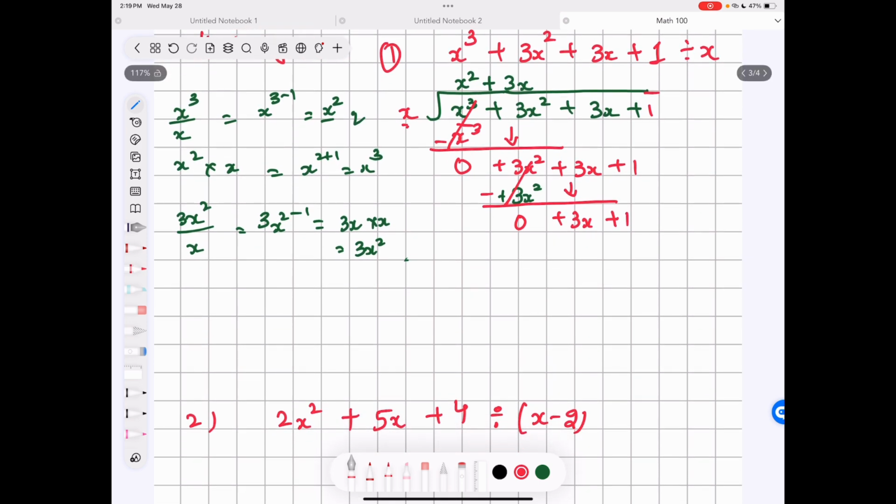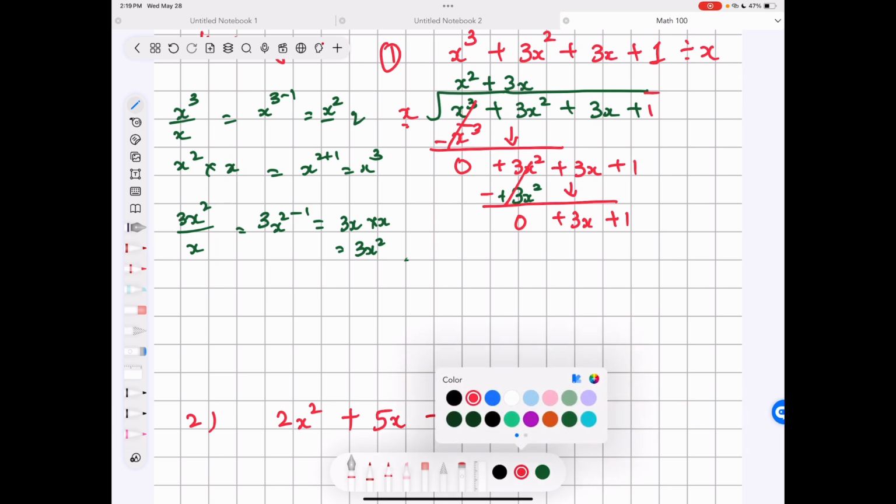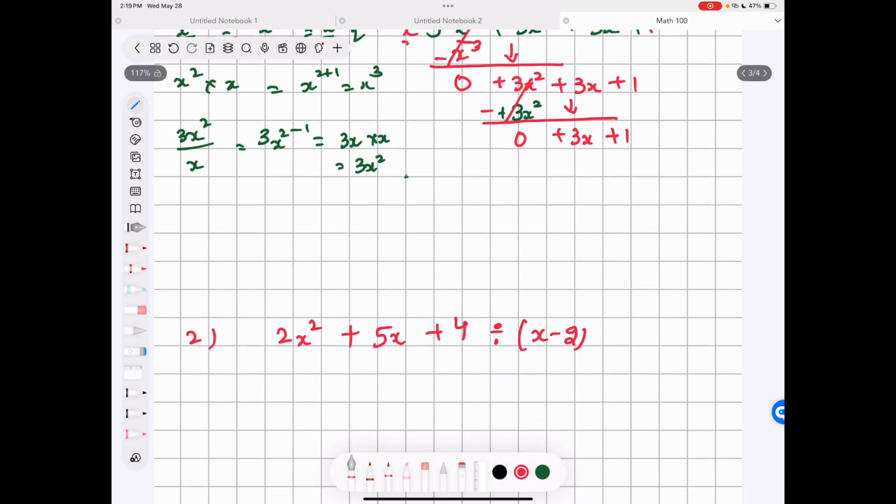We're gonna follow the same step again. We're gonna divide 3x by x. x cancels x, we get 3. We are gonna multiply it by x, and we are gonna get 3x again.